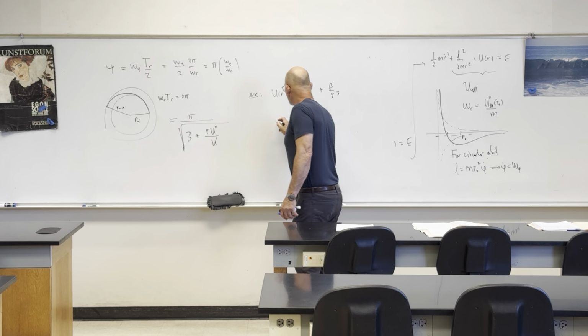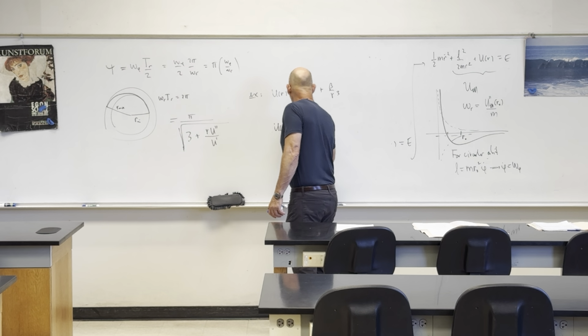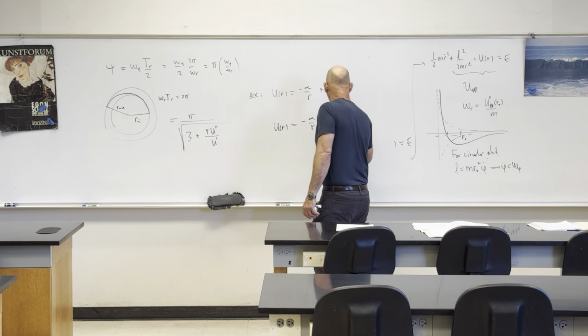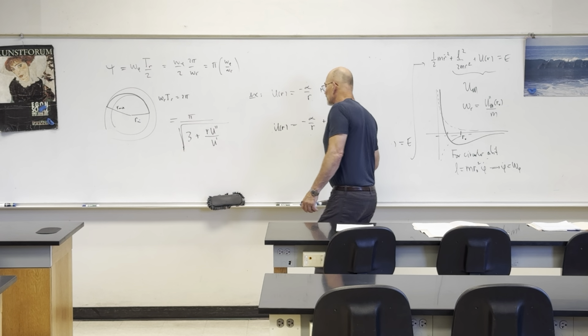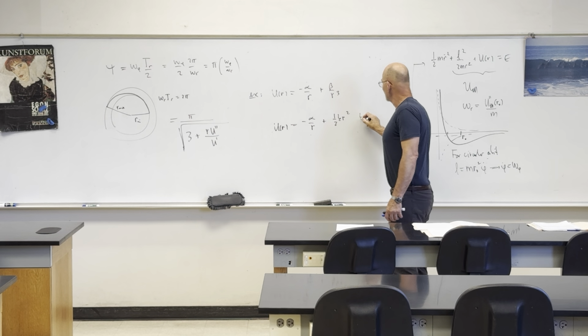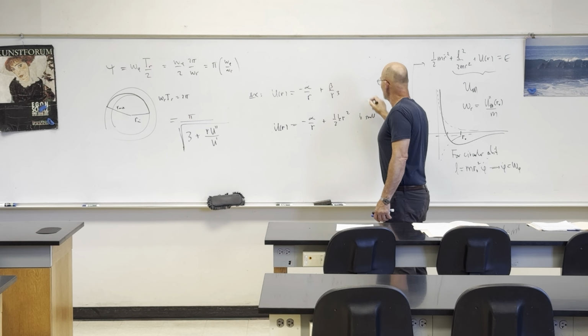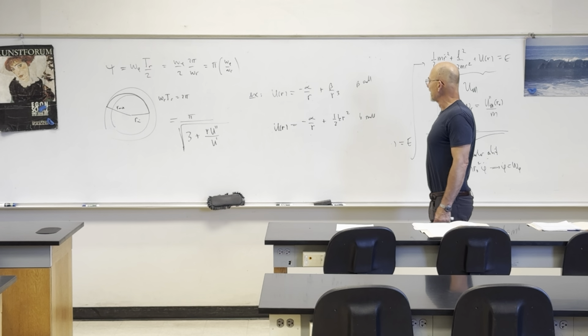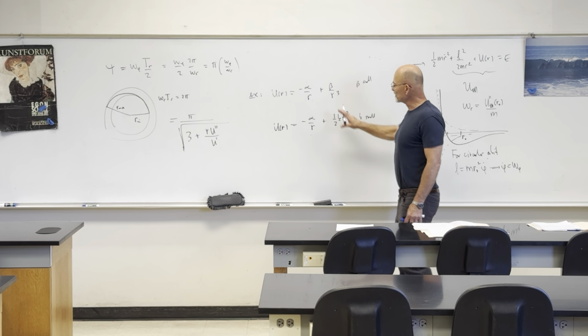And the other example was minus alpha over r plus 1/2 k r squared. In both these cases, we did k very small, beta small. Good. These are both really sophisticated.